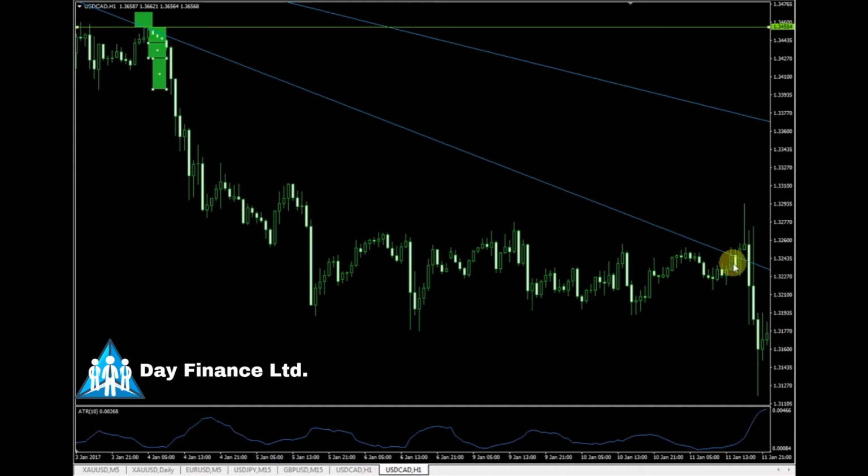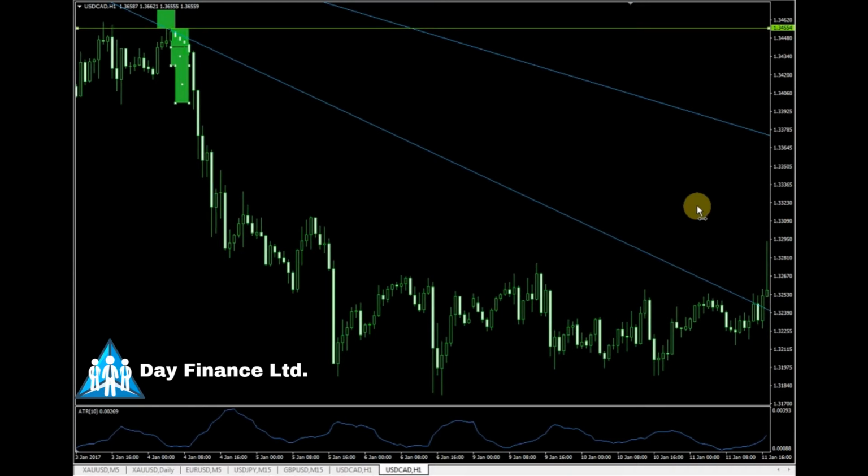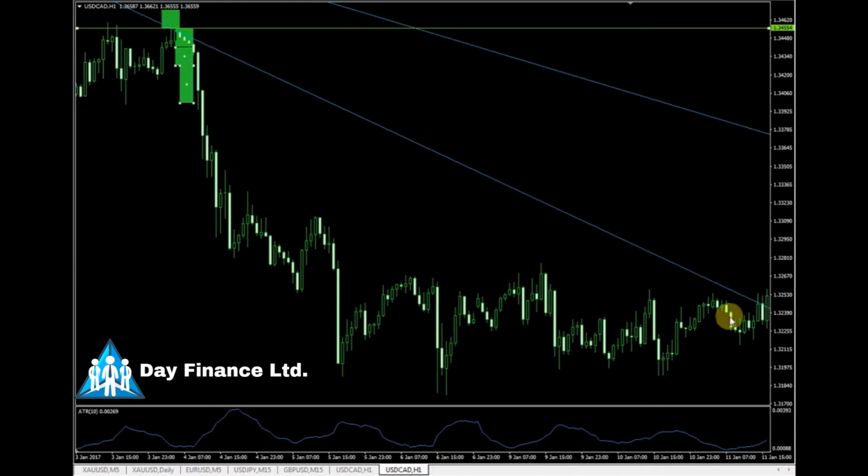So here we have a good buy candle. Actually, it's not very good, but I don't want to buy here, because if you have only this candle, it's not telling me anything. So here I have a resistance.